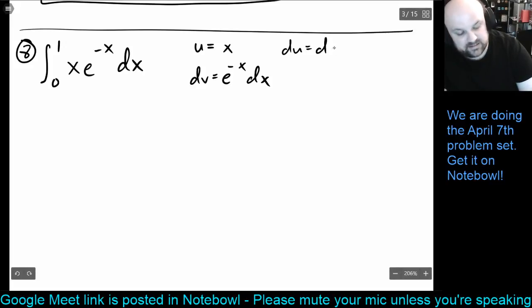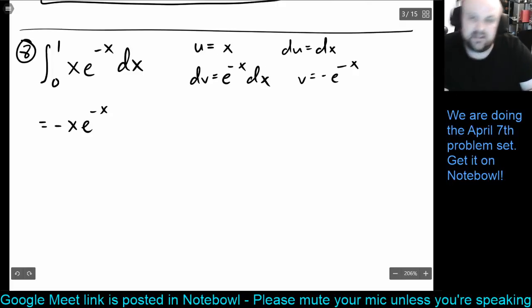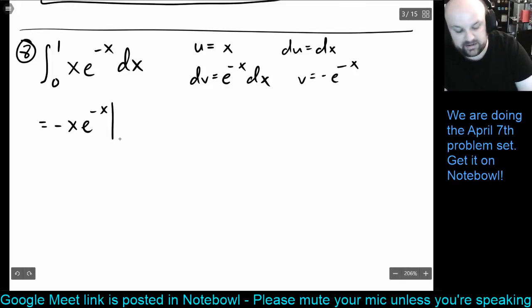du is dx, v is negative e to the minus x. So we have our u times v, minus x e to the minus x. And remember, the only real distinction here with integration by parts is we just have to evaluate everything from 0 to 1. Right? So now we do minus integral of v du.